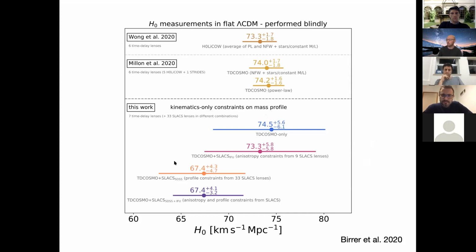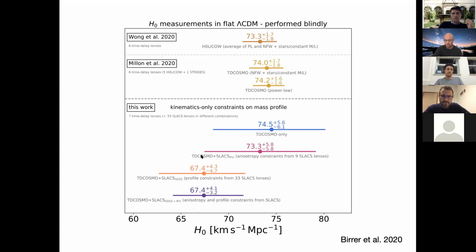Here we use some integral field unit observation just for the anisotropy. And then when adding SLACS, and this is the two inferences below, assuming they're self-similar with the TDCOSMO sample, it moves by about 1 sigma, and the error can shrink from 8 to 5%.